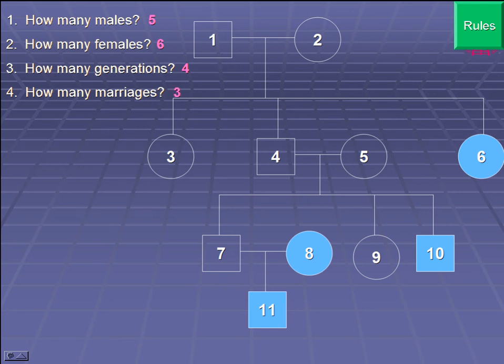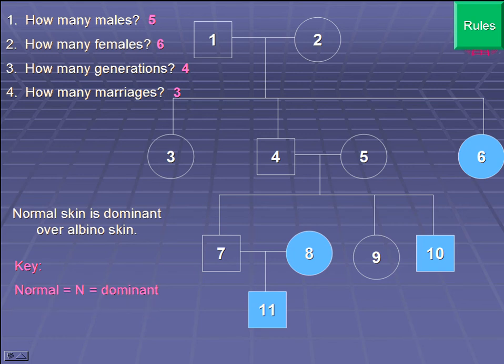Now, you have to have a key for one of these. The key for this one is going to be normal skin dominant over albino skin. The normal skin is going to be signified by a capital N, being that it's dominant, and N for normal.